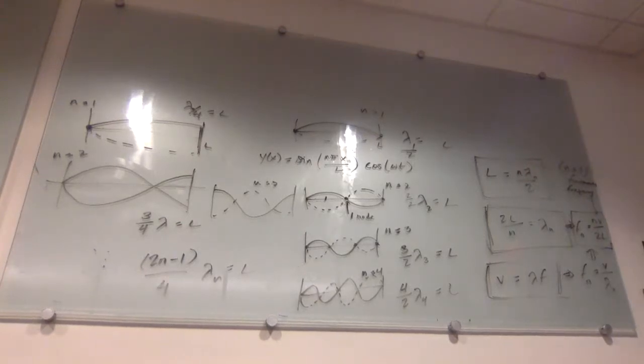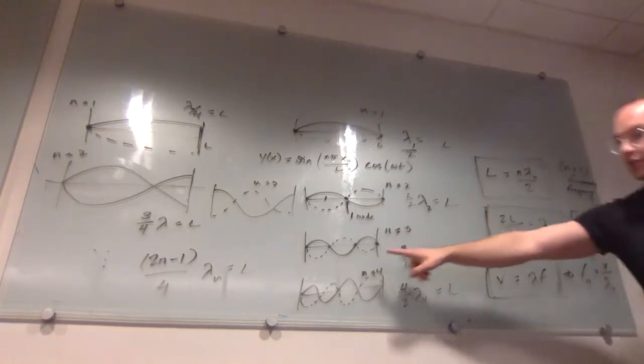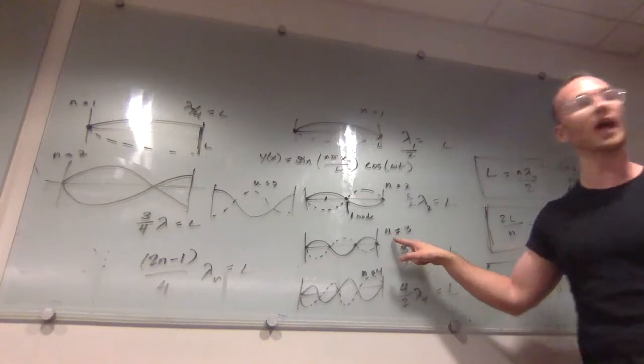Sometimes they say n equals 2 is called the first harmonic, and n equals 3 is the second harmonic. But sometimes they say n equals 1 is called the first harmonic, and n equals 2 is the second harmonic, which makes sense. Those are ambiguous, so they should just tell you. Don't worry: if they give you this, you should be able to see what n is.